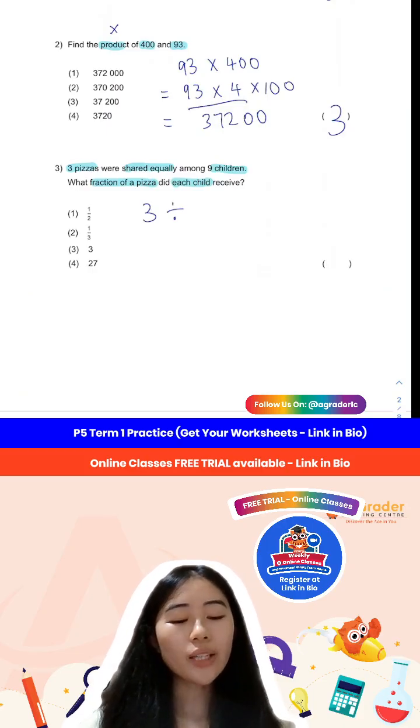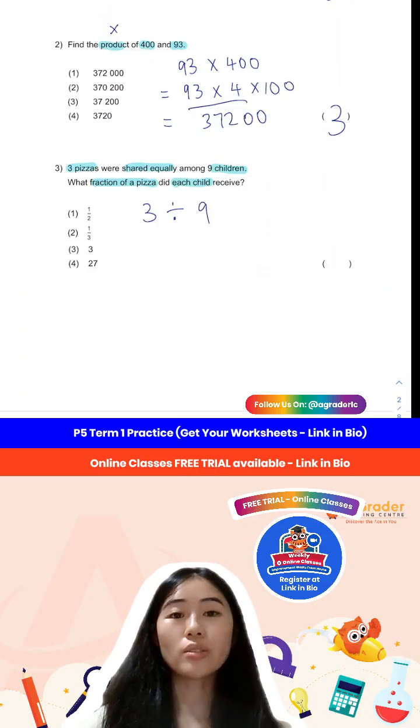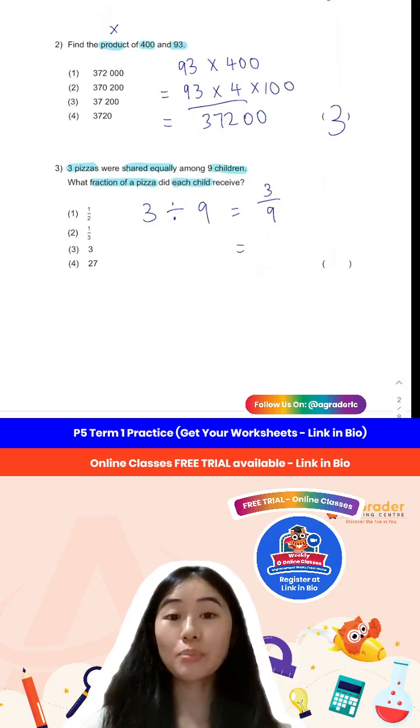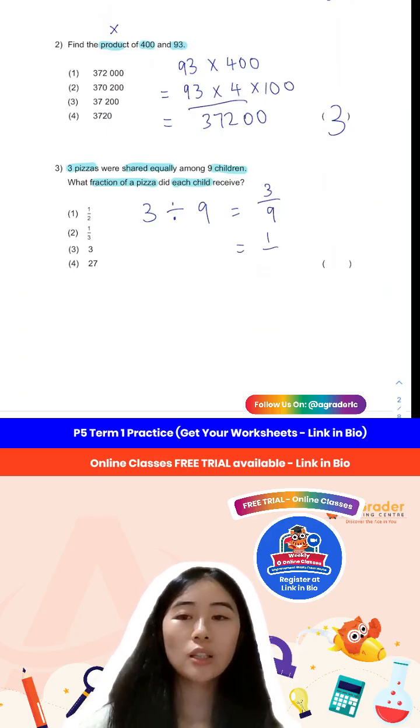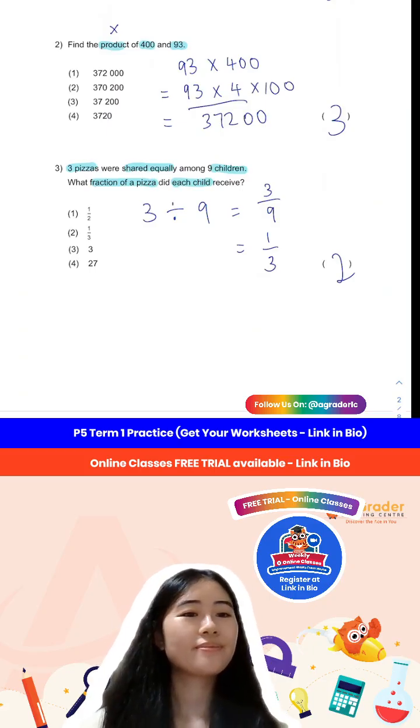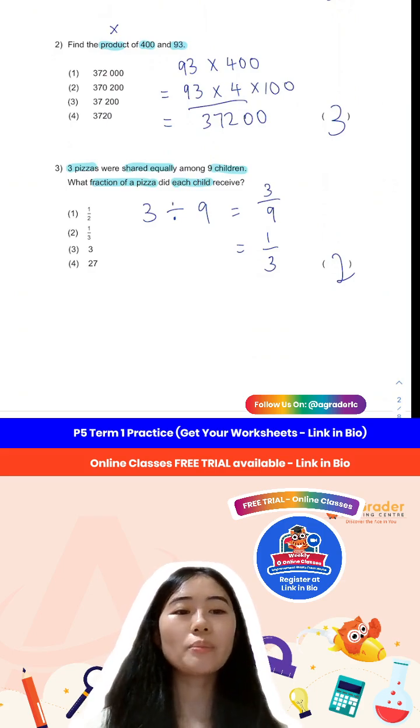You divide it equally amongst the 9 children. This should be 3 divided by 9. So 3 divided by 9 is 3 over 9, which you can simplify into 1/3. So this would be option 2 as your answer. Those of you who got option 2, good job.